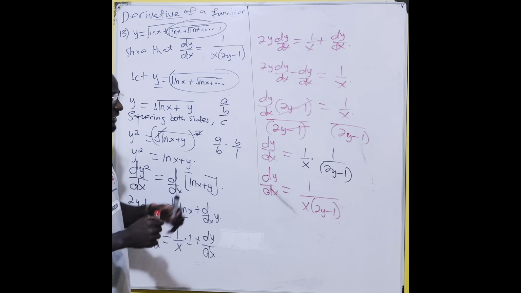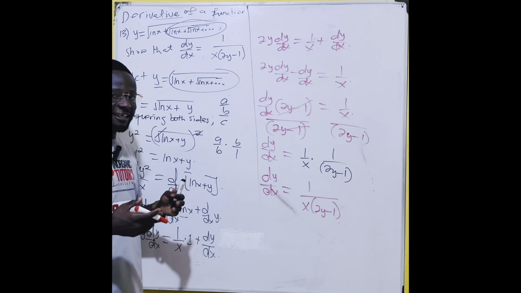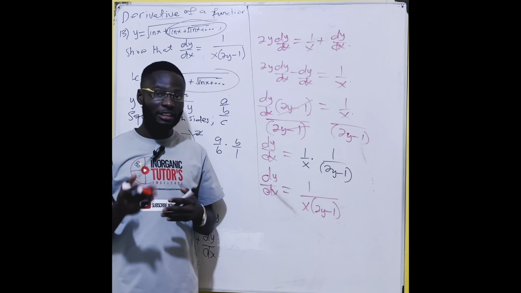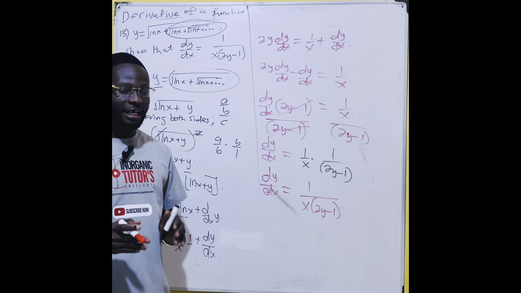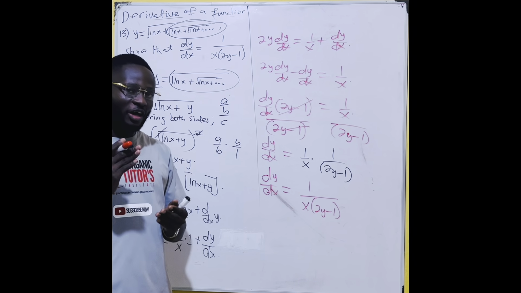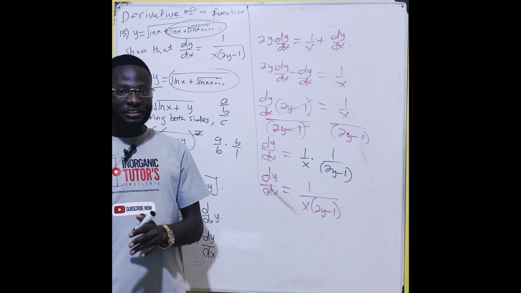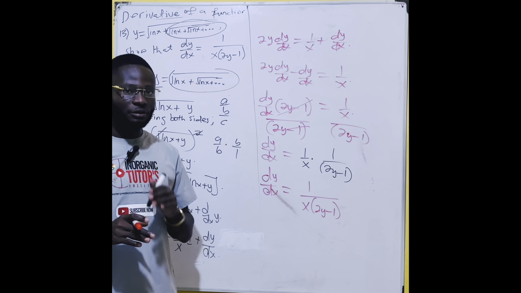Very interesting, right? You see the way the proofs keep making the lesson interesting is because we have understood the product and the quotient rule very well, and how to differentiate the ln functions. So trust me, if you master these things very well, differentiation will become very, very easy too.